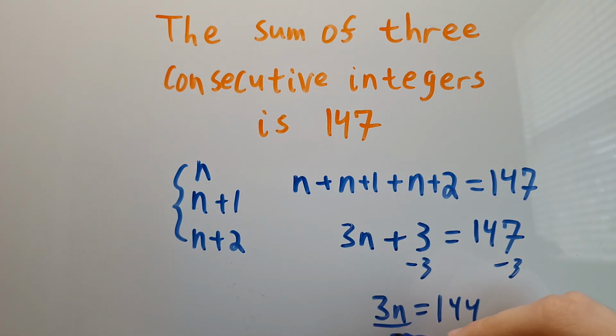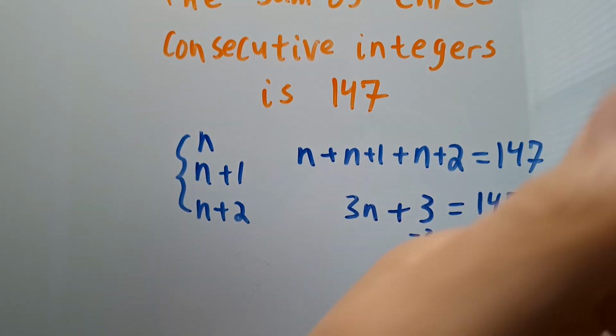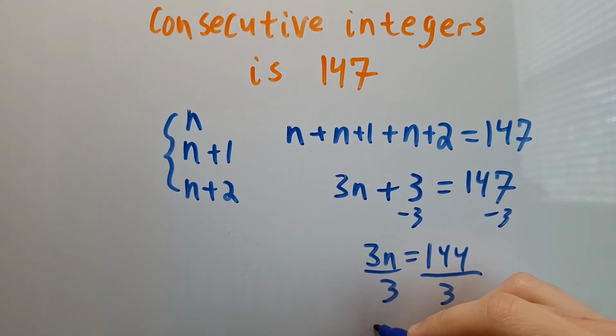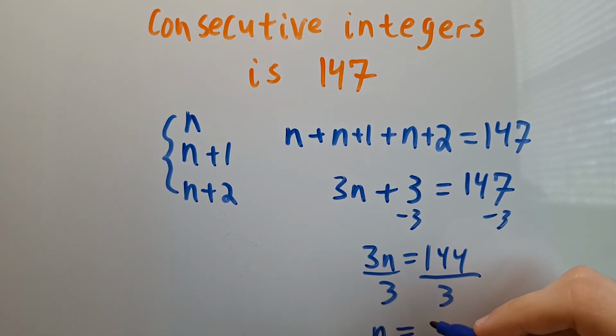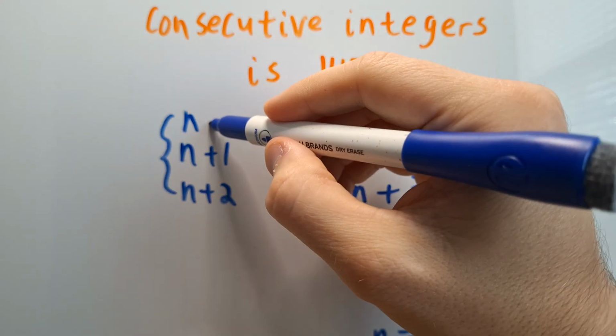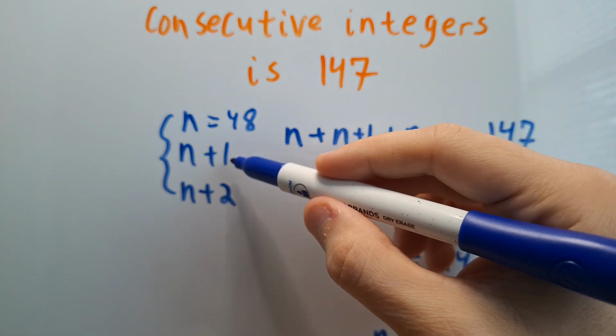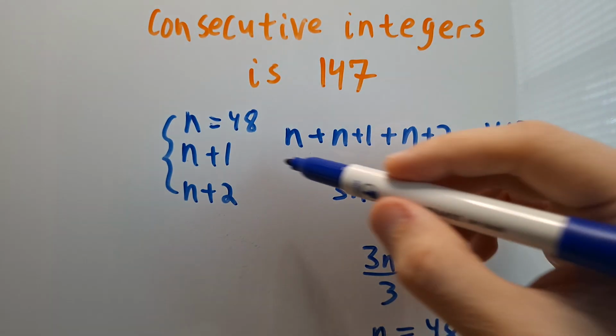Dividing this out, I have n equal to 48. So because the value of n is 48, that means n plus 1, the next consecutive integer, will be 49.